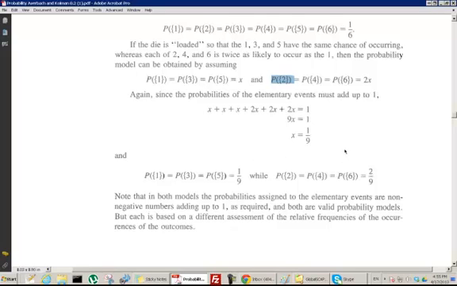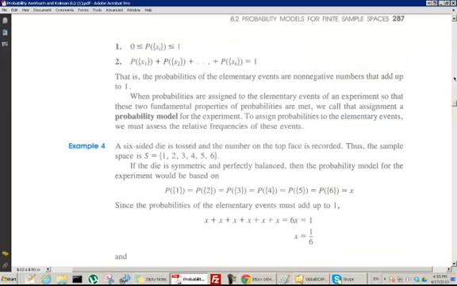So now we have two different choices. If we have the loaded die, we have these probability assignments, whereas if we have the regular normal die, we have these, where everything is 1/6. Both of these are called valid probability models. They're both valid, but they're different, right?